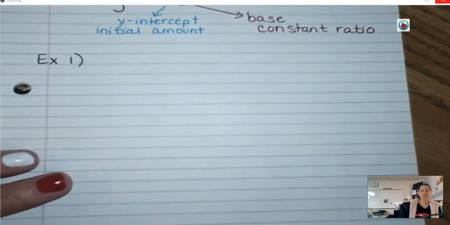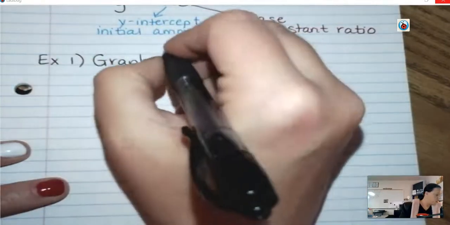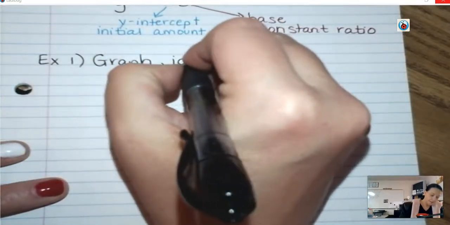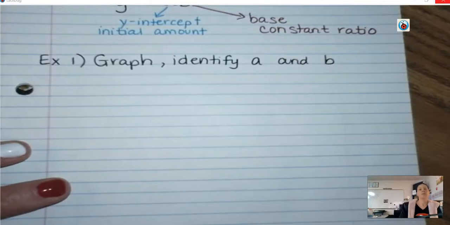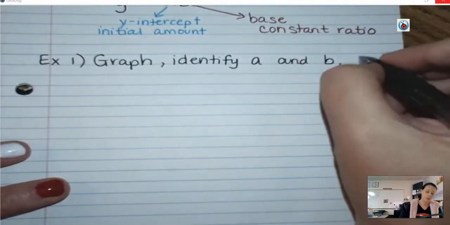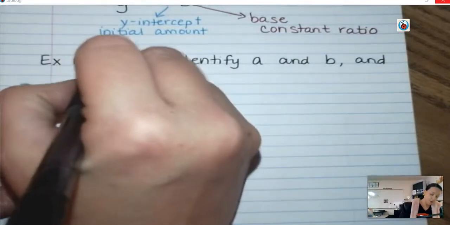For all of the examples today, it's going to be the same set of directions. We have to graph. Then we're going to identify the a and b. And we're also going to identify the y-intercept.